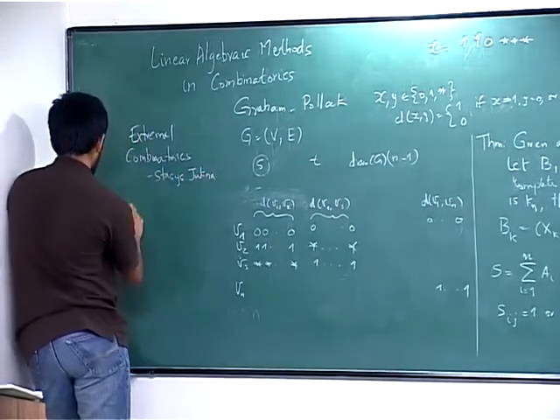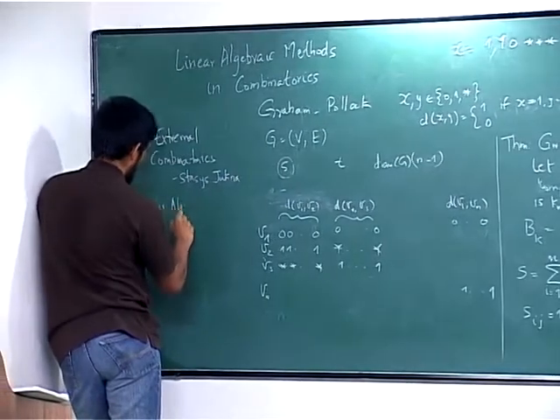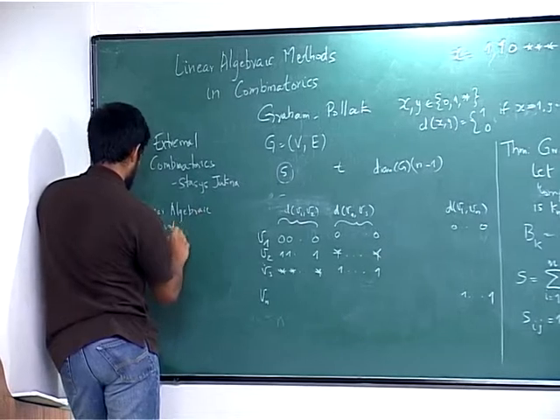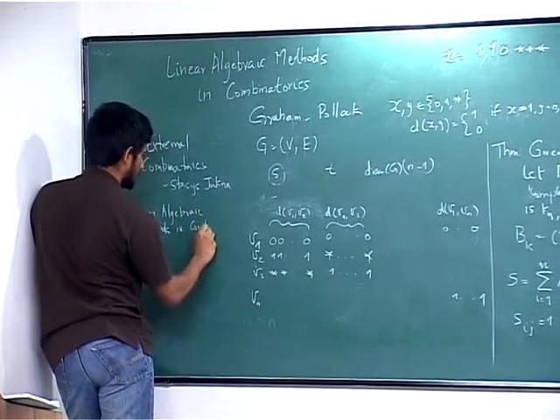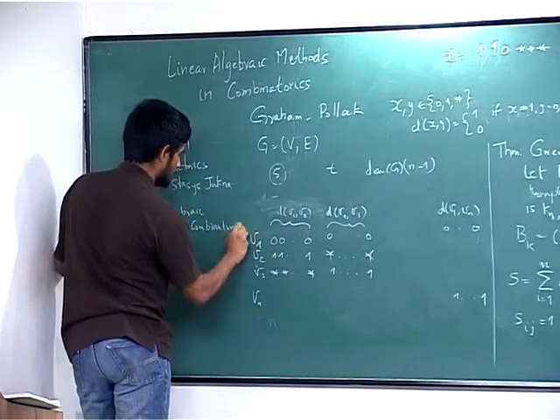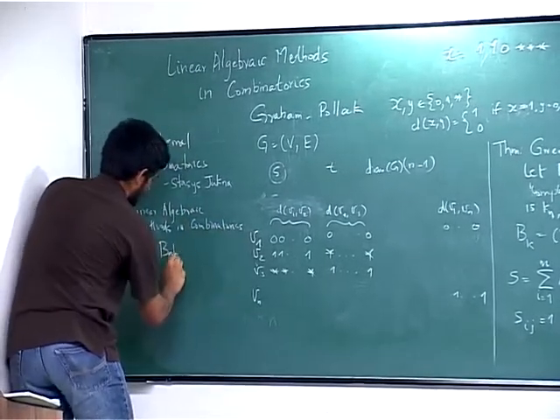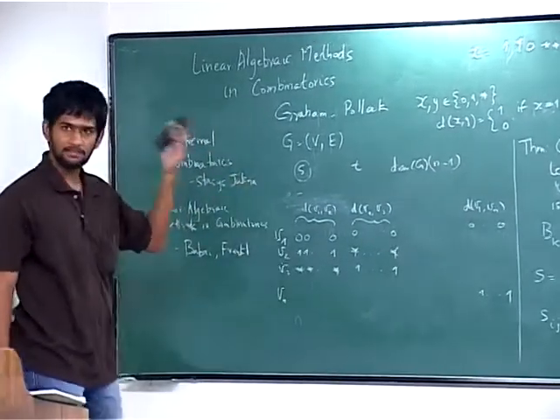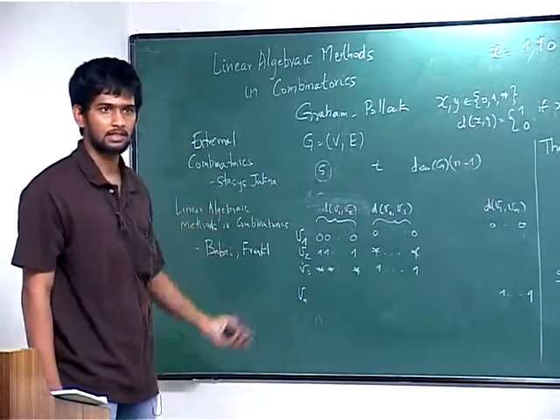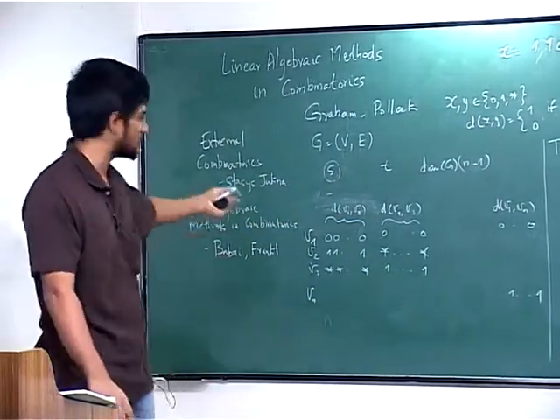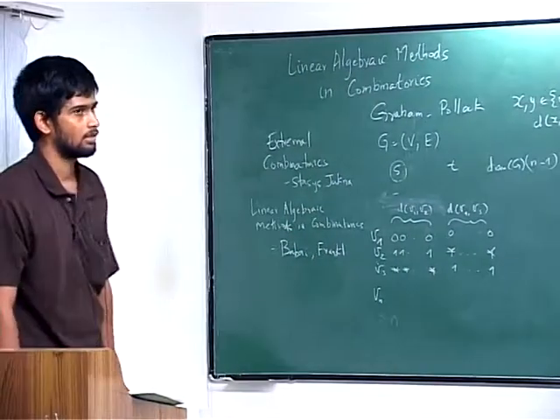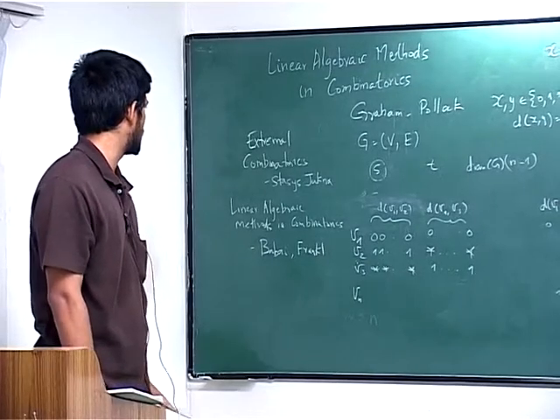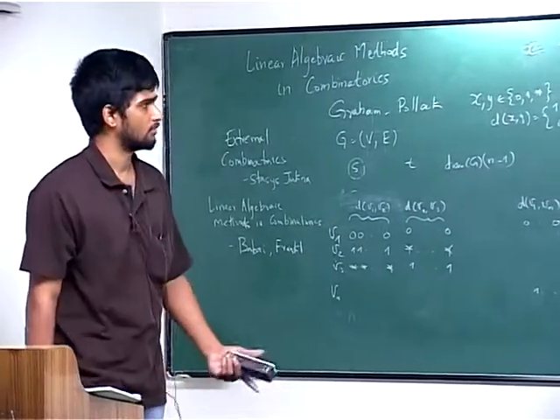The other is called Linear Algebraic Methods in Combinatorics by Babai and Frankl. These examples are the first few examples in these books. You can get more examples and read more about it if you want. These references are there. Okay, so I guess that's it.